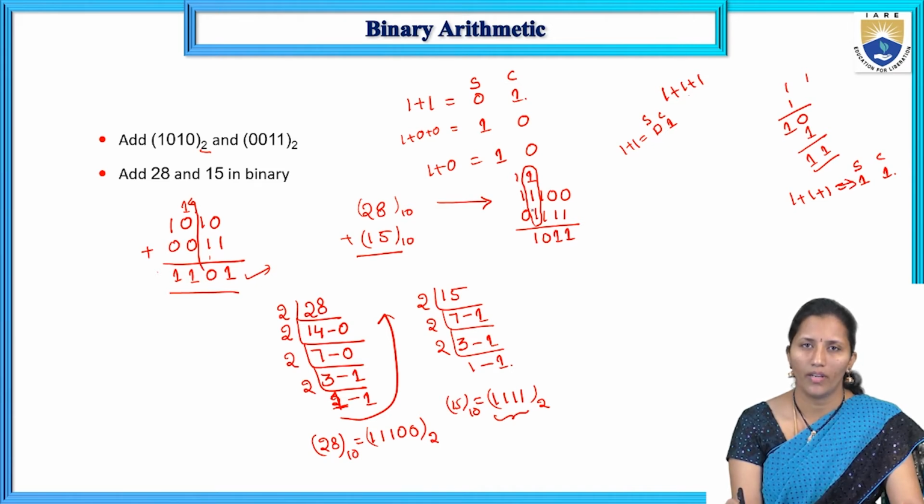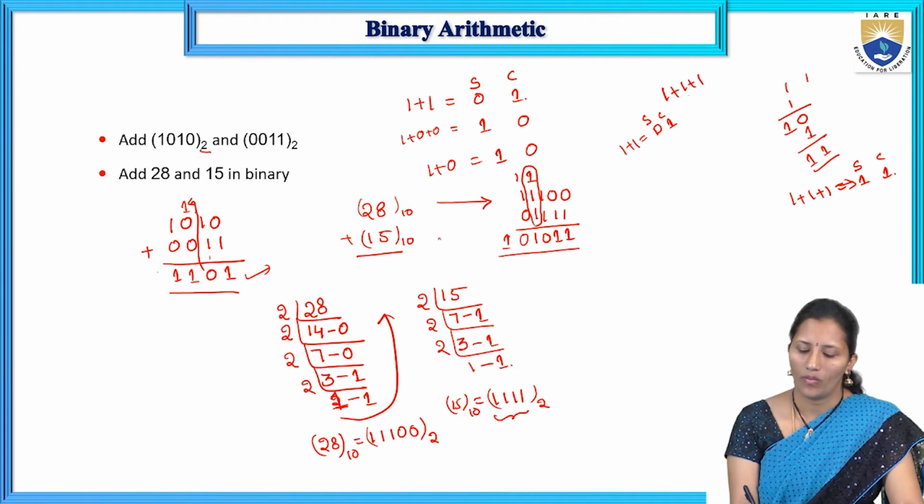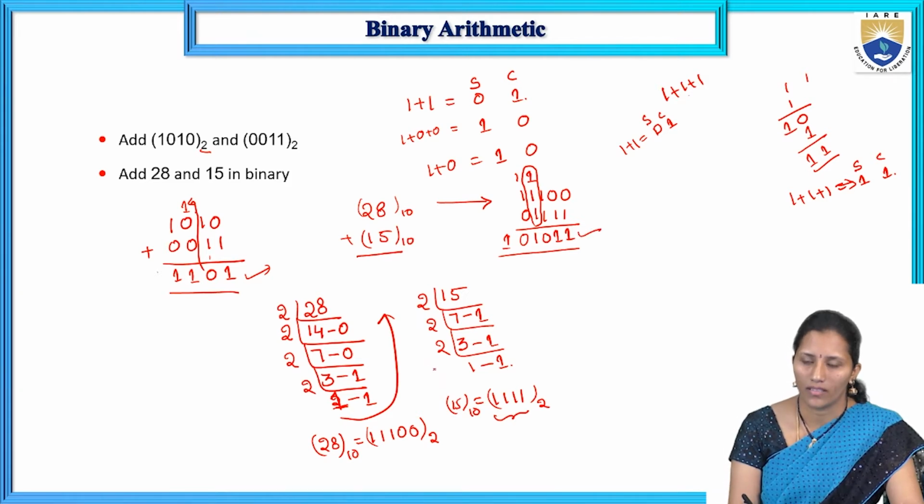The carry will be forwarded to the next stage. So 1 plus 1, MSB here, 1 plus 1, sum 0, and carry is 1. Okay. So this is the output of 28 plus 15 in the binary number system.